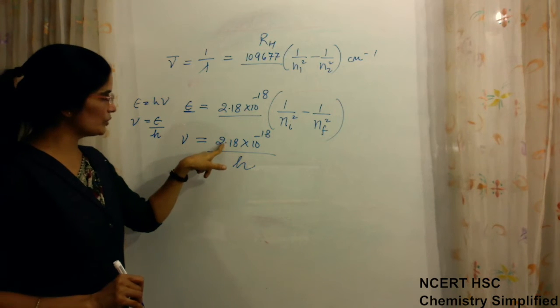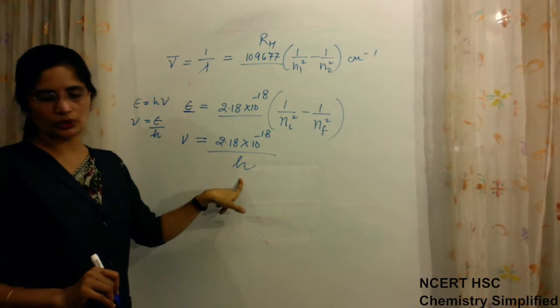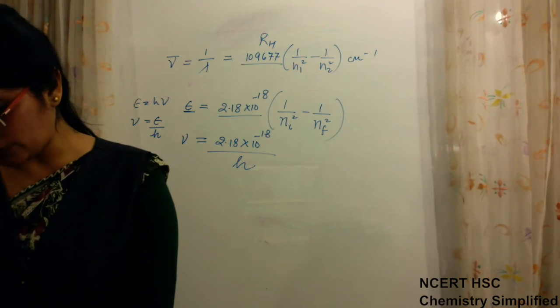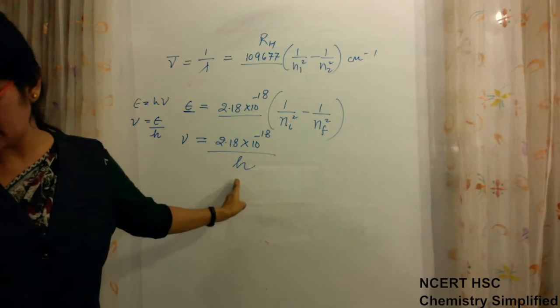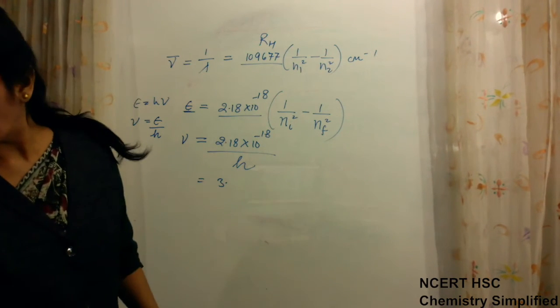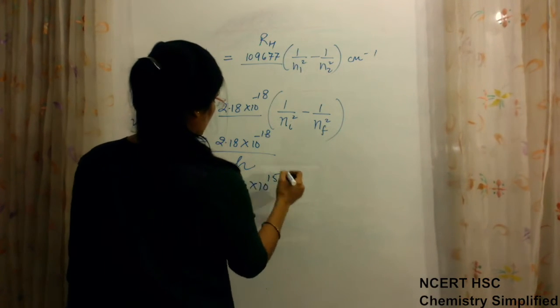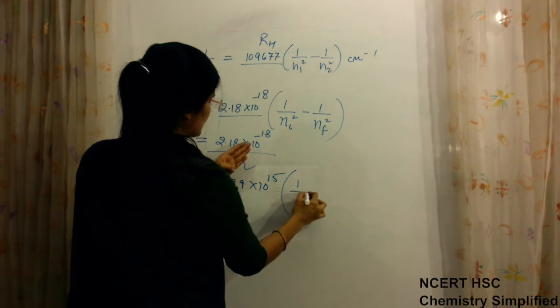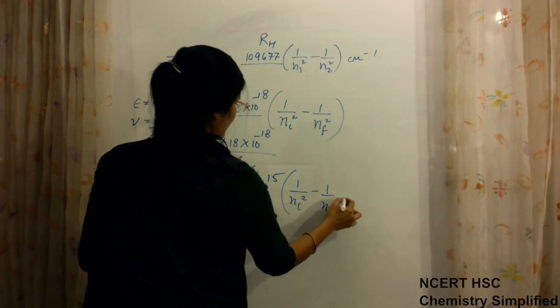H value is 6.6 into 10 to the power minus 34, so on calculation this value comes to 3.29 into 10 to the power 15. And the rest of the formula remains the same, 1 upon Ni square minus 1 upon Nf square.